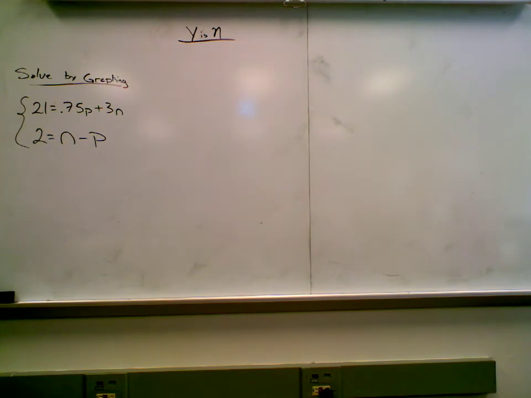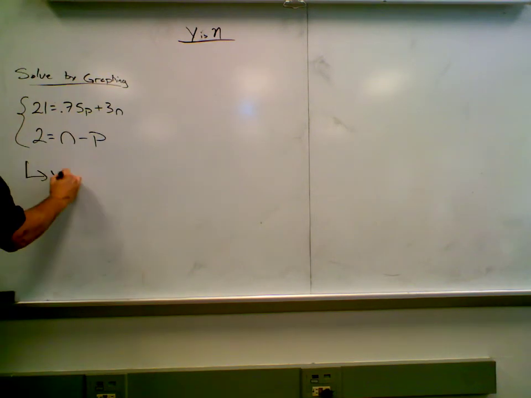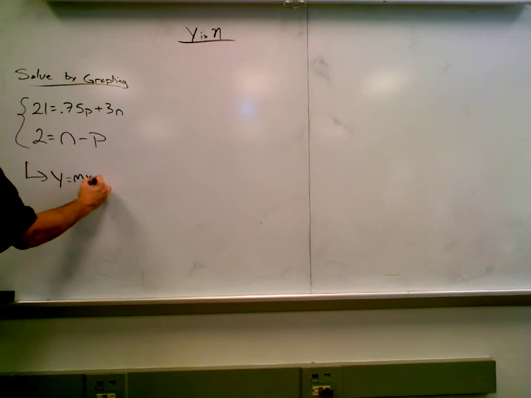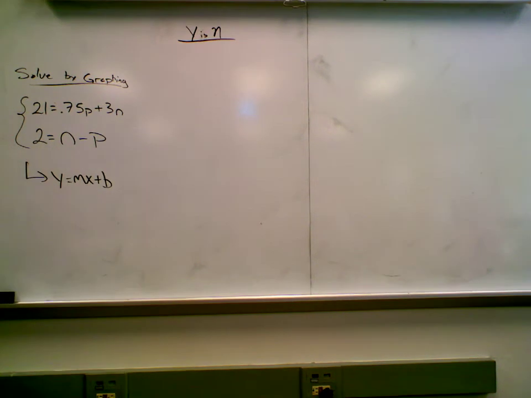Does that make sense? Okay, so I pick a y and I solve each equation to get it in the form y equals mx plus b, right? So I want to take these and rewrite them in this form. Now my y is my n. So I'm going to take these equations and solve for n.